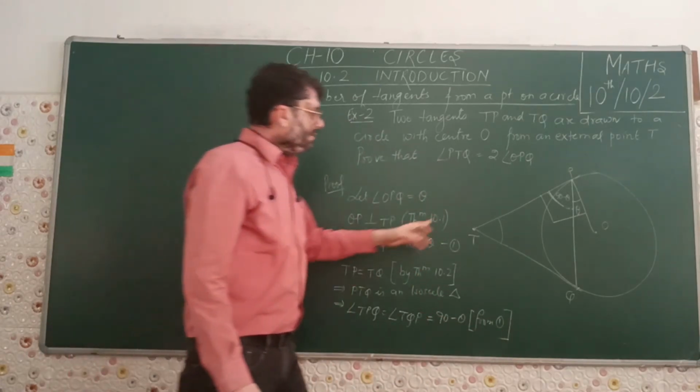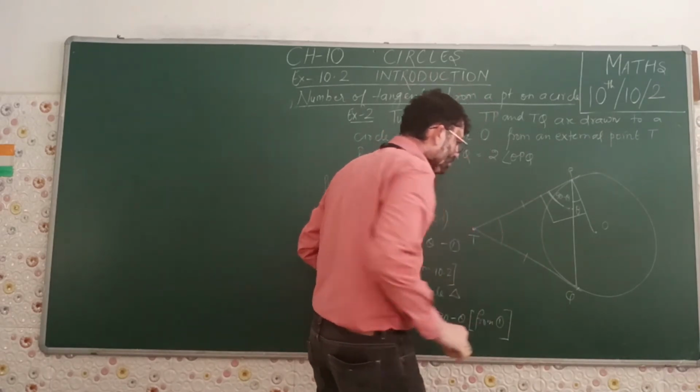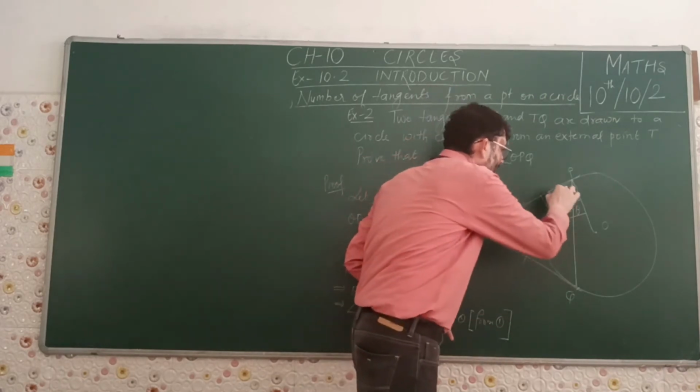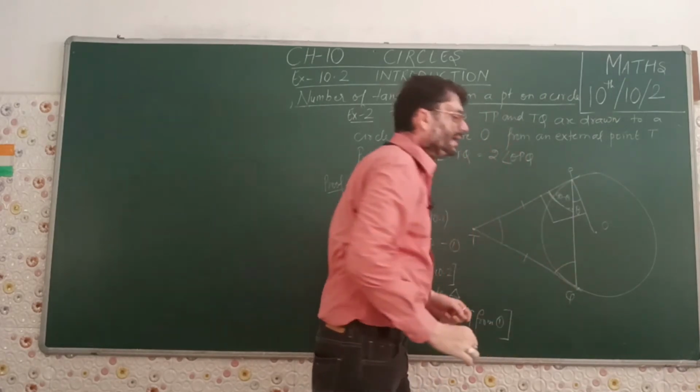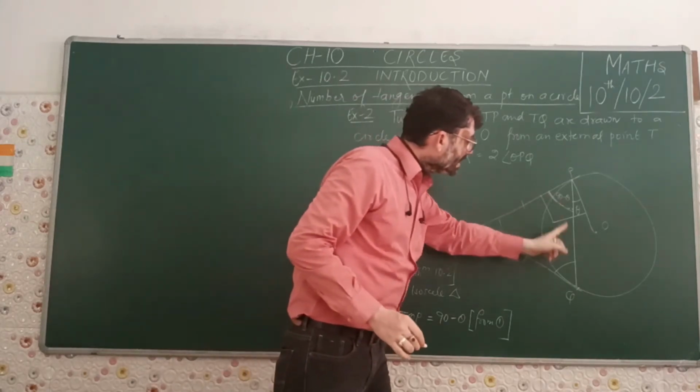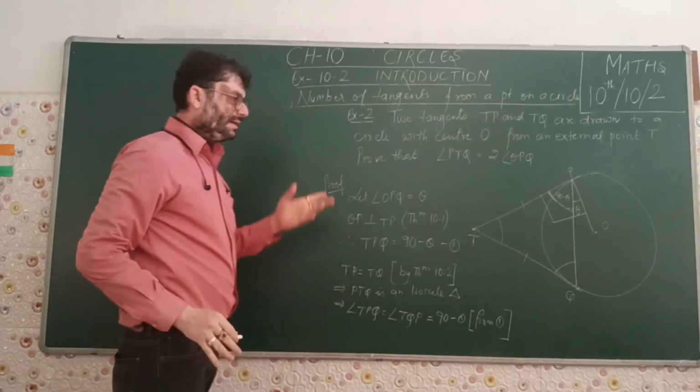That means if TP is equal to TQ, then PTQ is an isosceles triangle, then this angle will be equal to this angle by the isosceles triangle property. And if this is 90 minus theta, then this is also 90 minus theta.